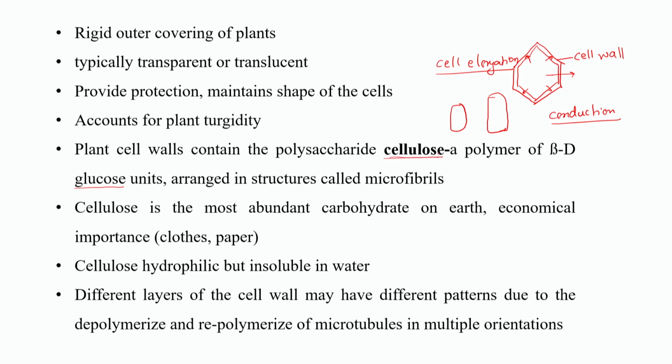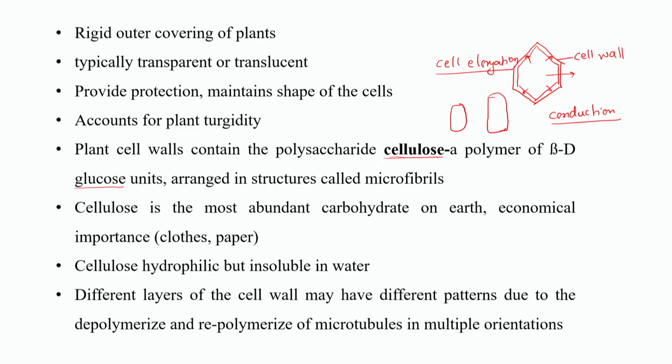Now, these long thread-like polymers, these cellulose molecules, combine together to form a structure known as microfibrils. Cellulose is one of the most abundant carbohydrates found on earth, and it is commercially very important. Cellulose is extracted and used in making a lot of commercial products like clothes and paper.